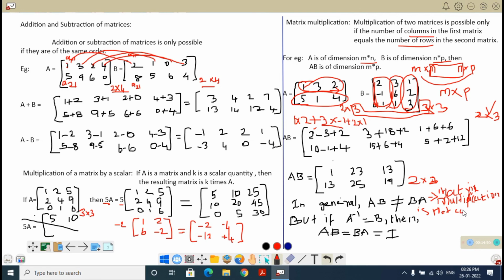The property AB equal to BA represents commutativity, and here they will be inverses of each other. If the inverse of A is equal to B, then AB and BA will be equal, and they will be equal to the identity matrix. You know what an identity matrix is? The principal diagonal elements will be 1 and the other elements will be 0.